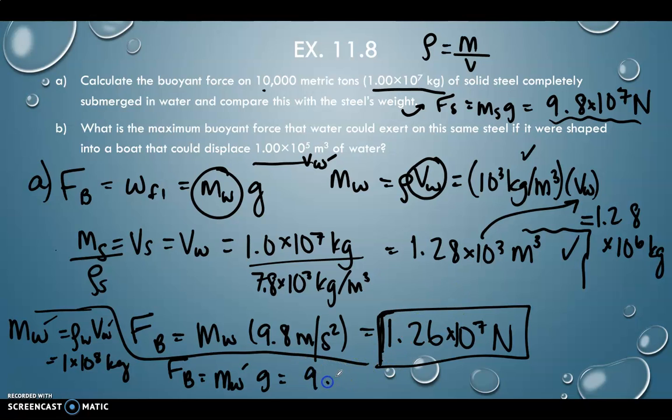So we get 9.8 times 10 to the 8th newtons. So this is going to be our buoyant force that the water could exert on that steel, if it were shaped differently and displaced a different amount of water. Different volume of water.